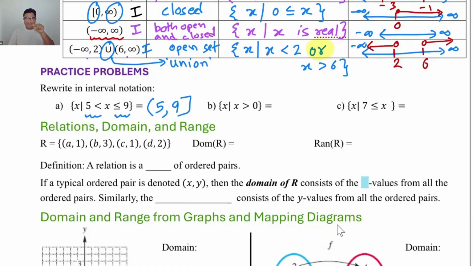Parenthesis when it is strict inequality, not included; square bracket when it is included. X is greater than 0. Okay, remember greater than 0. So on the right side, 0 is the left endpoint now, and nothing on the other side, so up to infinity.